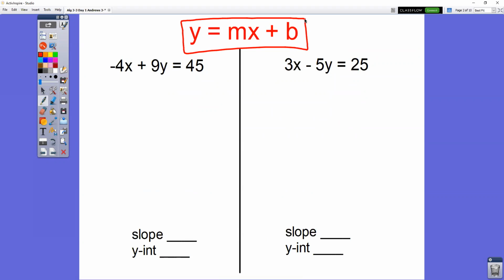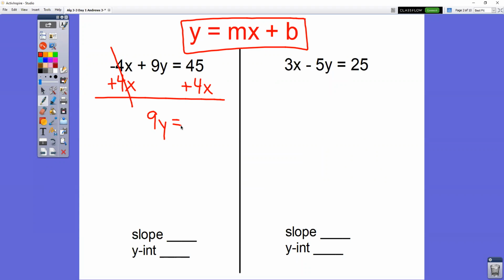In order to get the y all by itself in this first one, we want to get the 9y all by itself. To get that 9y all by itself, we need to get rid of the -4x. We get rid of the -4x by doing +4x and +4x. Those x's cancel out. Bring down your 9y, bring down your equal sign. I want to switch around the order right away.